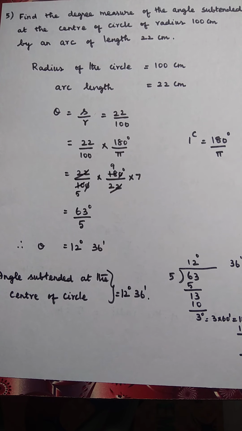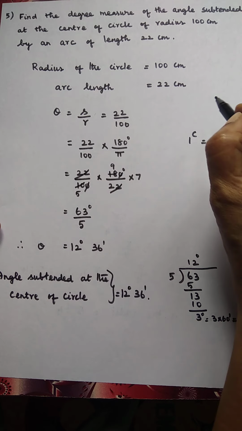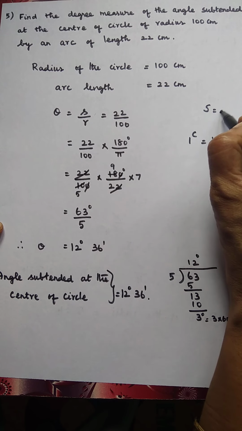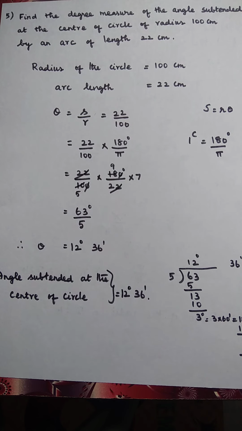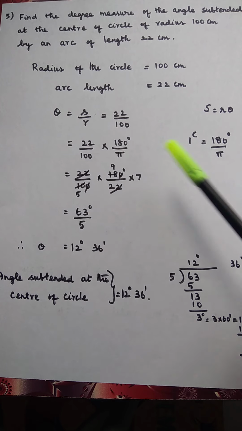Theta is equal to S by R. We know the formula for arc length, S is equal to R into theta. So theta is S by R. Substituting for S and R, 22 by 100.